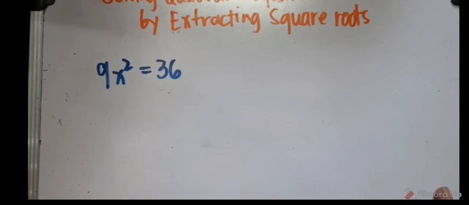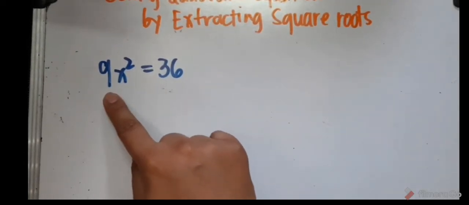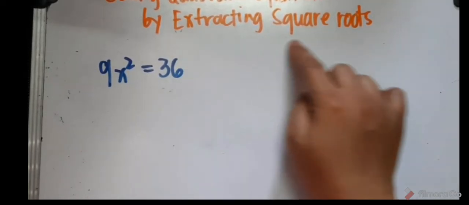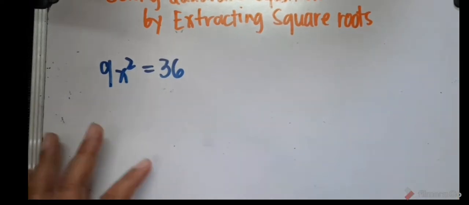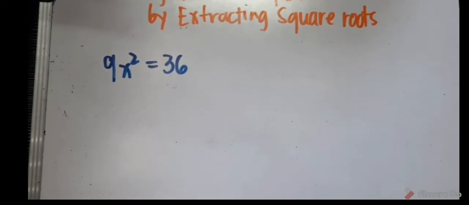Okay, for our next given, to solve the given quadratic equation is 9x squared is equal to 36. We need to apply extracting square roots in solving and finding the roots of this equation. So, there are two possible ways that we can do.